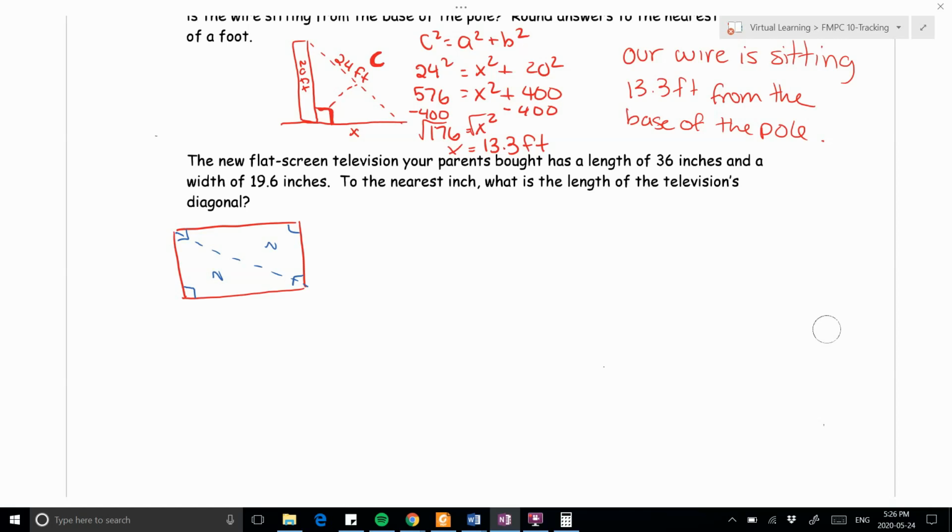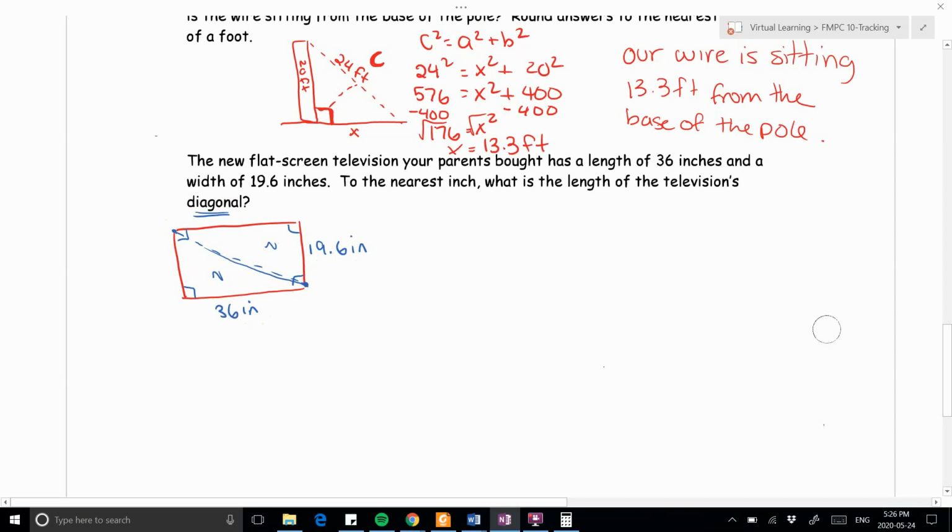So what do we know about this? We know that it has a length of 36 inches and a width of 19.6 inches. When it says what's the length of its diagonal, the diagonal is the distance across the middle of the TV.